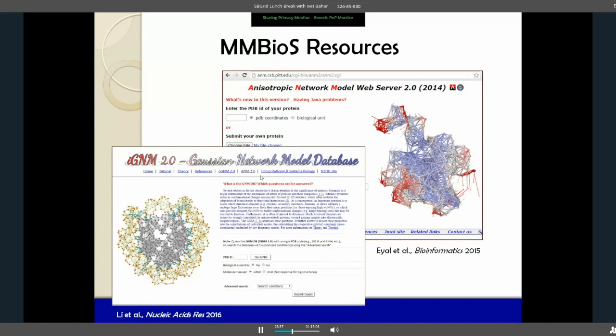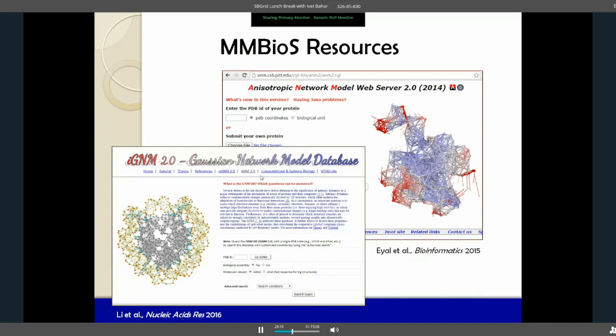Another resource that we have is the Gaussian network model database, which also has been updated very recently, as you can see from here. I will talk about what the Gaussian network model is about, but this provides you with information on coupled domain movements, the most critical residues, and the types of correlations between movements.